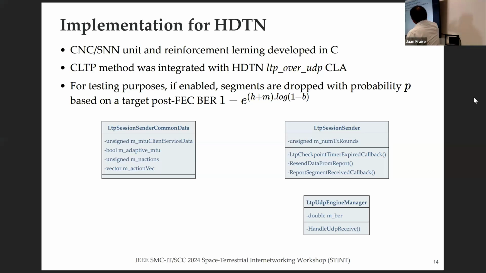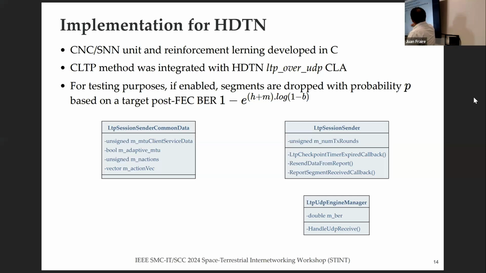And then the LTP session sender was also modified to have this number of rounds variable that we keep updating. The variable is updated after the code executes certain callbacks, right? So what is good about HTTL is that it's got a lot of callbacks that we can use to, in a way, customize the behavior of the protocol.